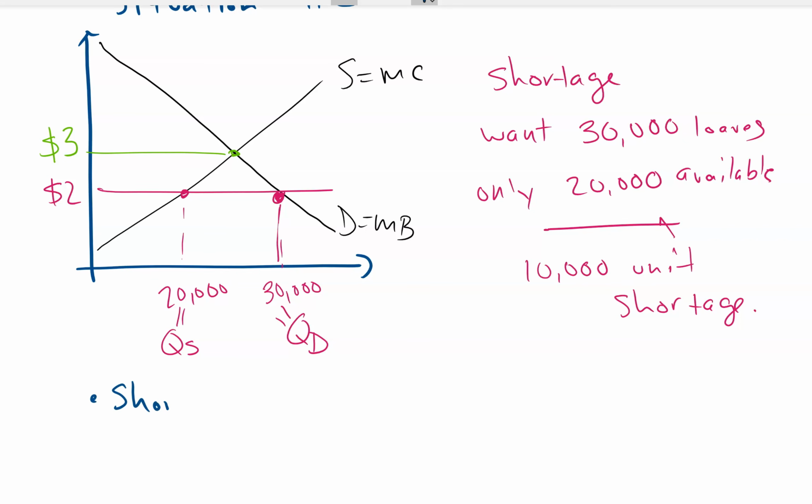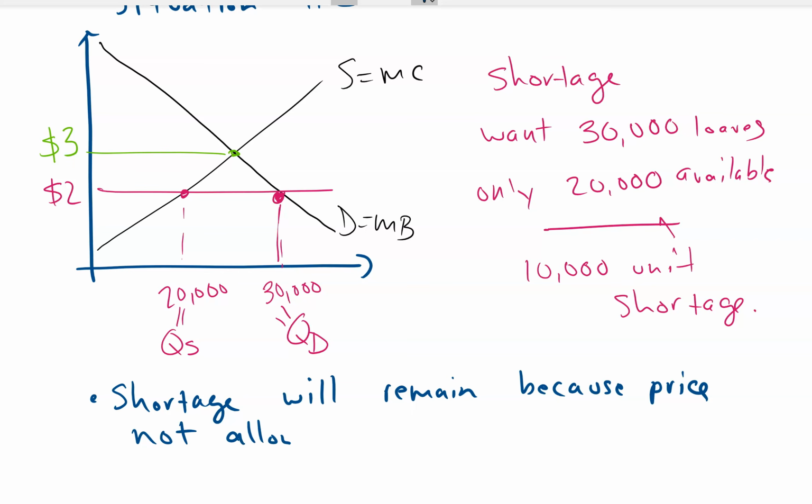The shortage will remain. It will not be like before, where it goes away because the price adjusts, because the price is not allowed to rise to the market clearing price that it would have before.